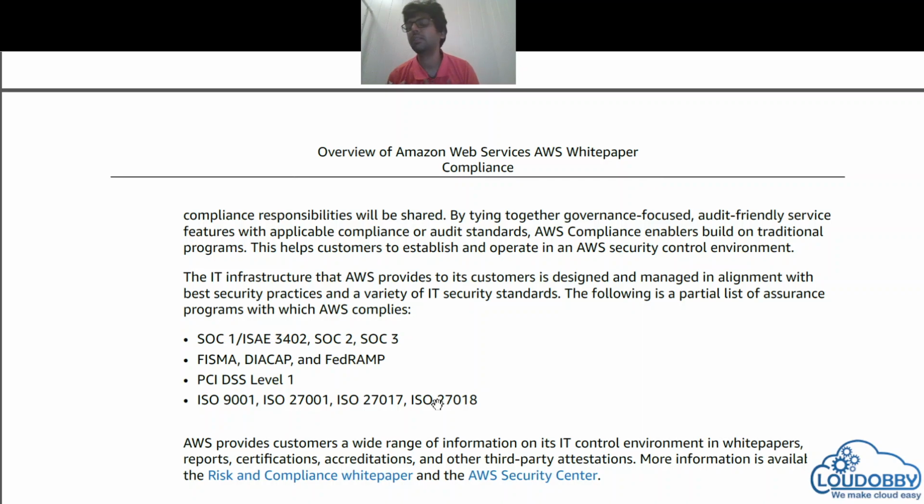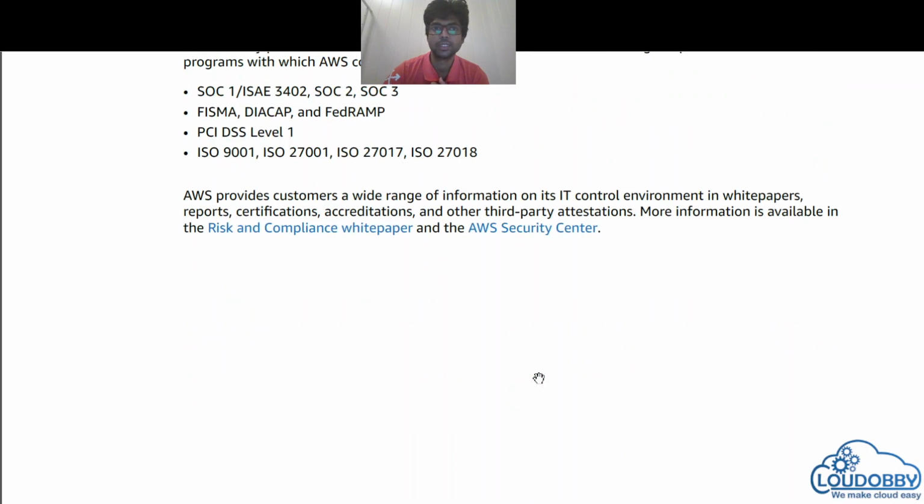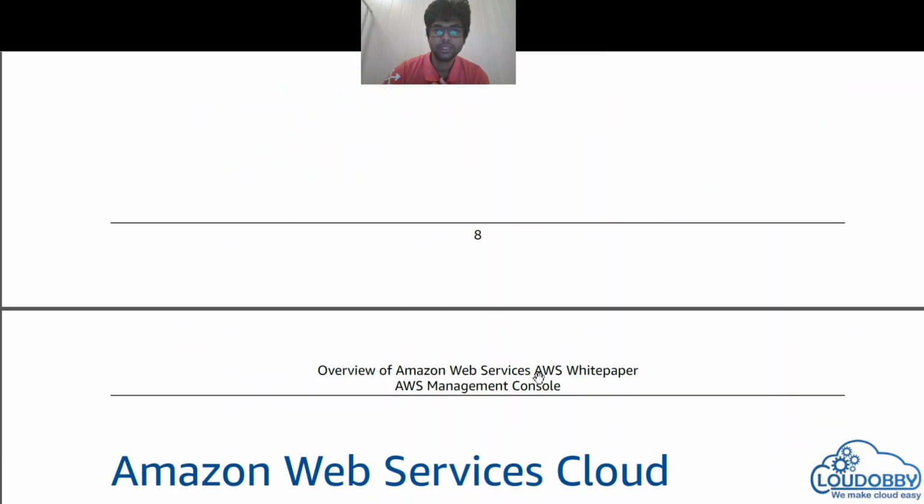If we have a data center, we need to also get this compliance certification, so that we don't have any risk of data leakage of our customers from our data center. AWS already has that compliance certificate. So it will help our business to maintain our customer trust that their data is not going to be leaked. So that is the compliance part.